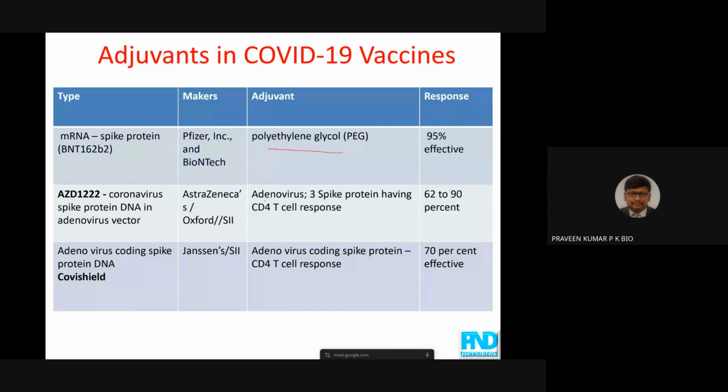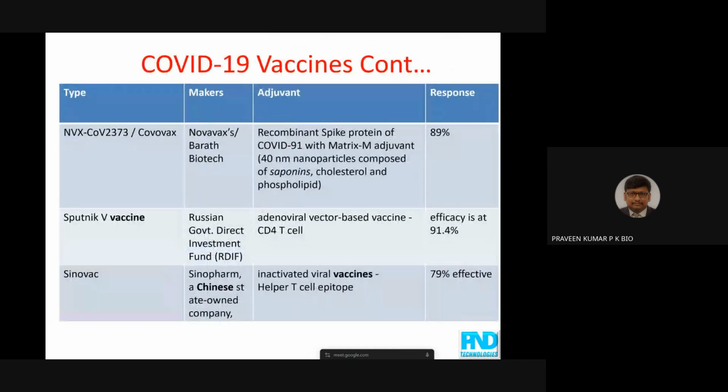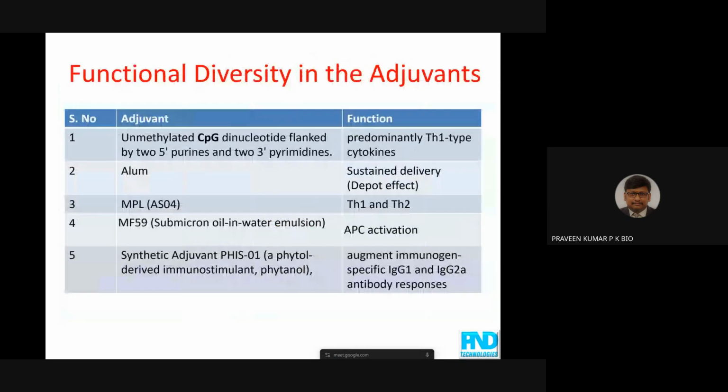We can take adenovirus. The adenovirus spike protein itself acts like an adjuvant, and in the popular Russian Sputnik vaccine, they used adenoviral vectors as adjuvants. We have seen the functional diversity of adjuvants. Sometimes we use adjuvants in an oil and water emulsion.